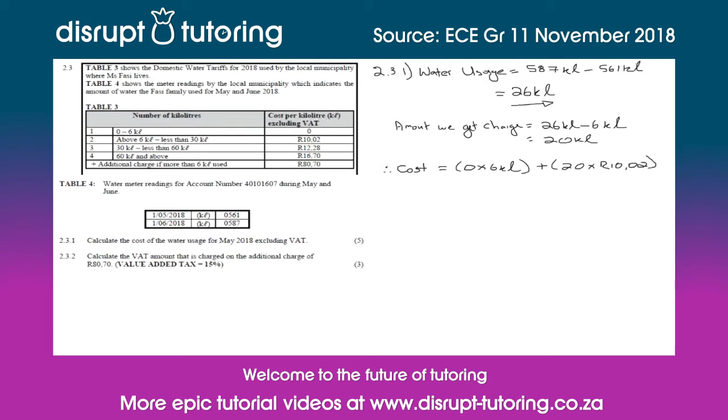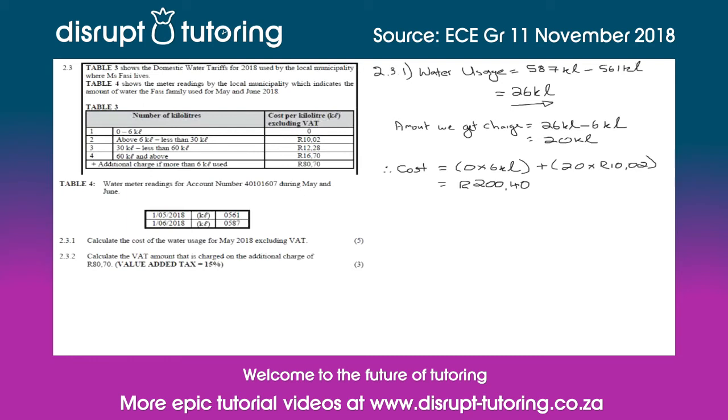Obviously this first part comes to 0, so we can drop it immediately. Then we put into our calculators 20 times 10 Rand and 2 cents. This comes to a total of 200 Rand and 40 cents.